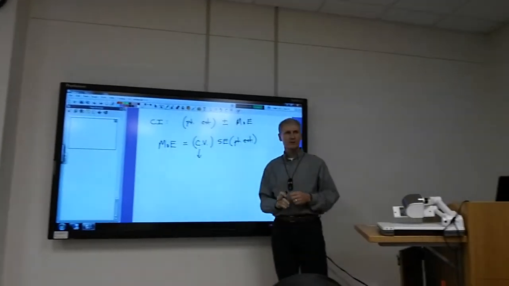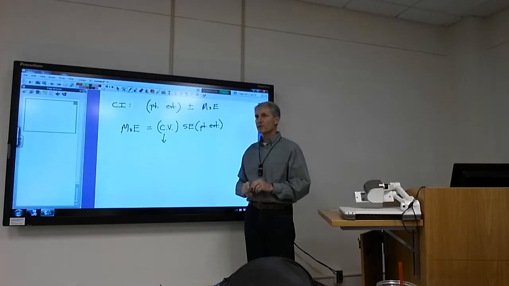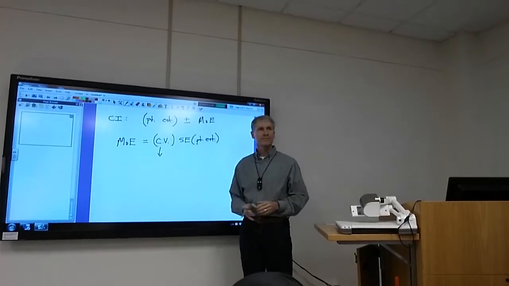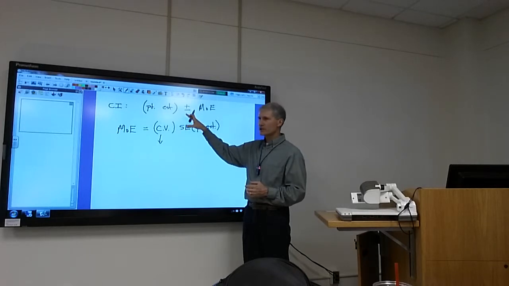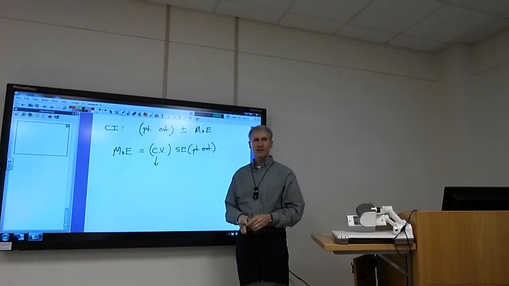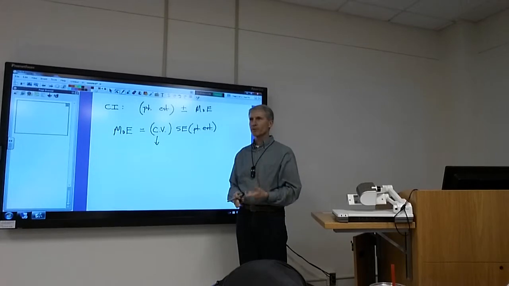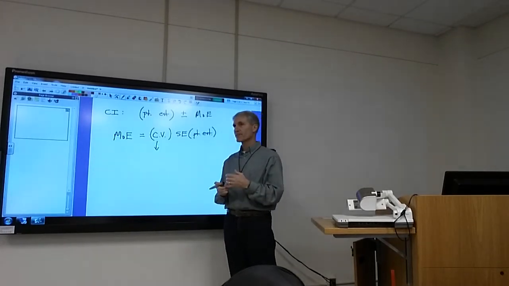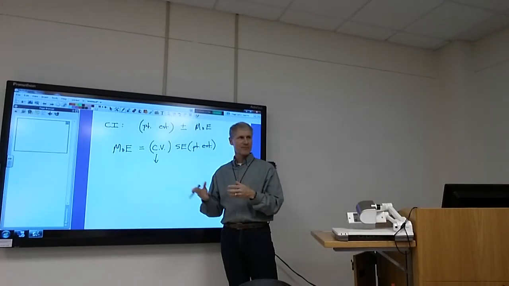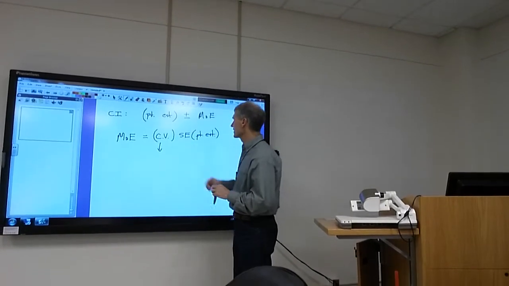I don't expect you to have the formulas for all these things memorized, but they're in the book. So if you want a confidence interval on a proportion, the chapter in the book will show you confidence intervals on proportions. If you still have your old book, you'll know where it is there, but you can find it easy enough.